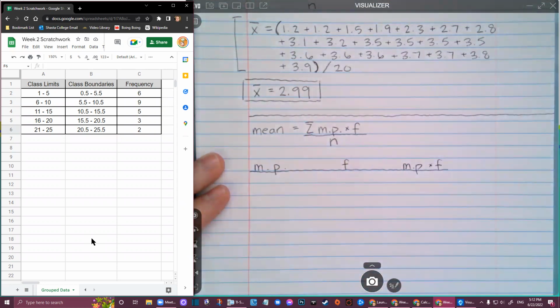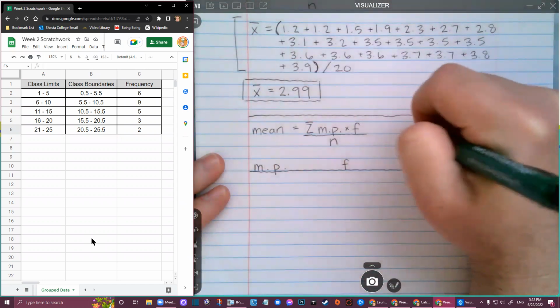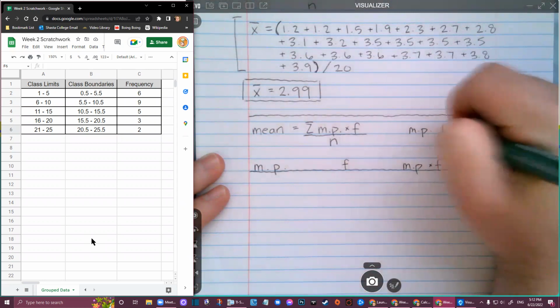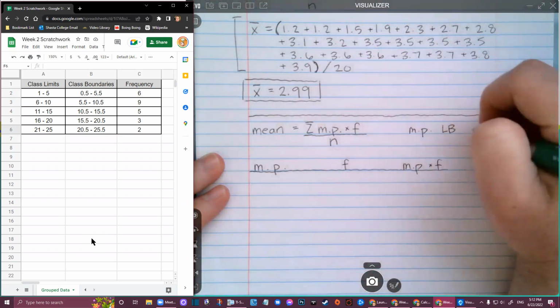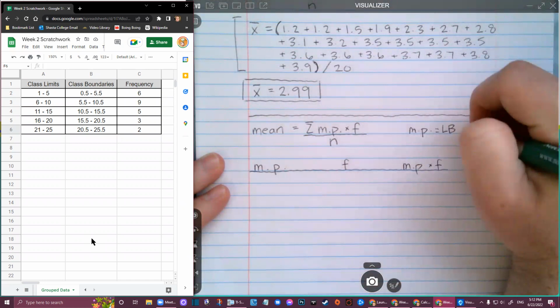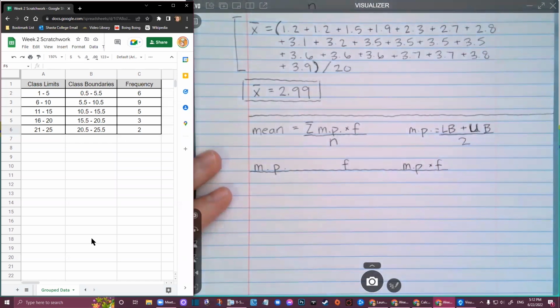To find the midpoint, we take the lower class limit or the lower boundary. We add to that the upper boundary or the upper limit, and then we divide by 2. What we're looking for is the number halfway between the lower limit and upper limit.